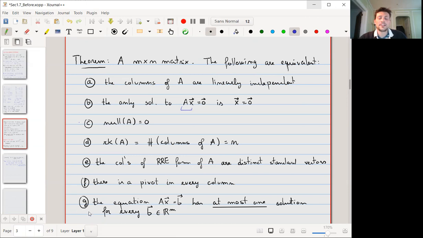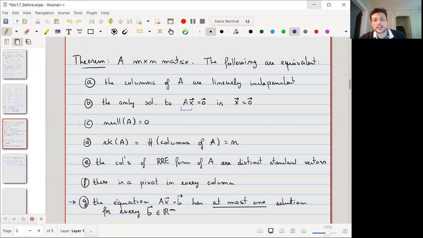Maybe something that is not surprising at this point, but we'll comment more about it later, is that linear independence of the columns is equivalent to this last condition here.